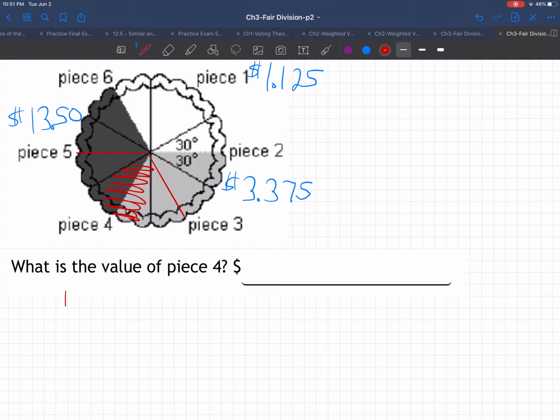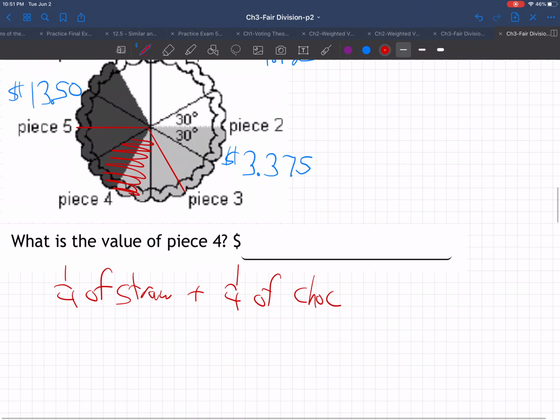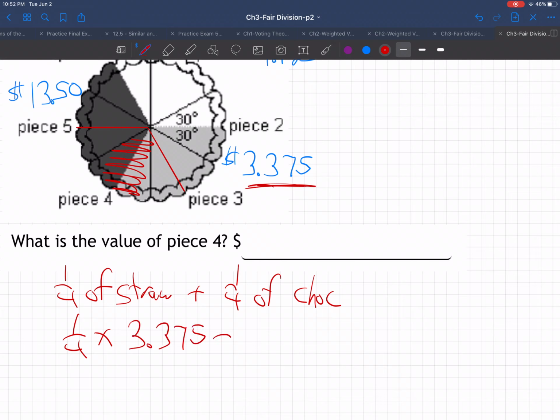Piece 4 is 1/4 of the strawberry section, plus it's 1/4 of the chocolate section. It's made up of both those. So we need to take 1/4 times the whole strawberry chunk, which is 3.375, plus 1/4 of the chocolate section. The whole chocolate section is 13.50 to Wendy.